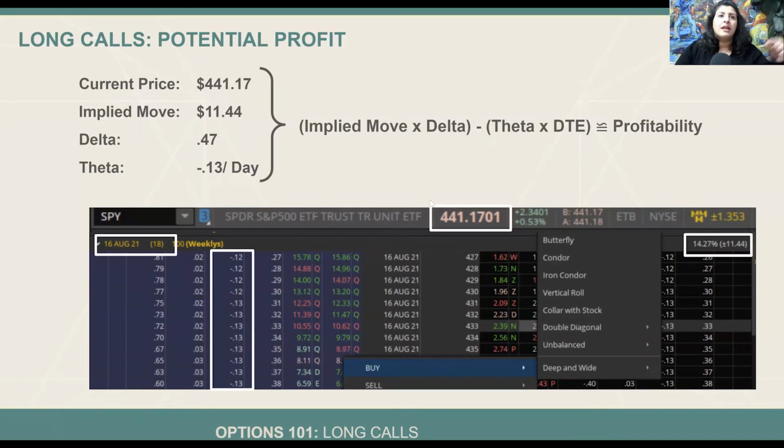But because I'm losing theta every single day, I need to know how much I am potentially losing from that time value. So I need to look at my negative theta and the number of days till expiration, so that I am also determining how much quote unquote slippage I am getting because of the loss of theta. That will help you figure out what your potential profit is and what your target should be.